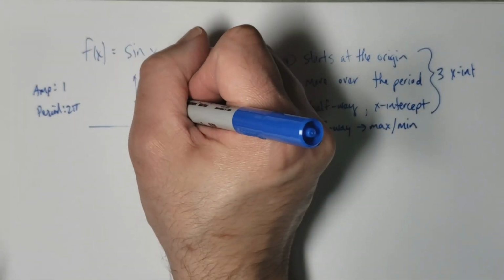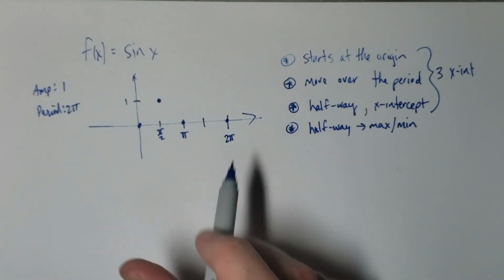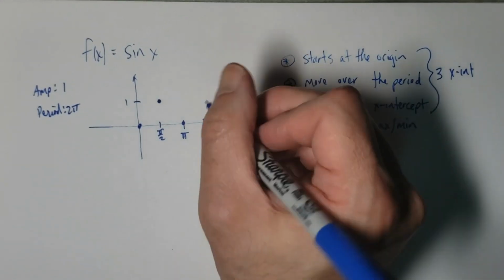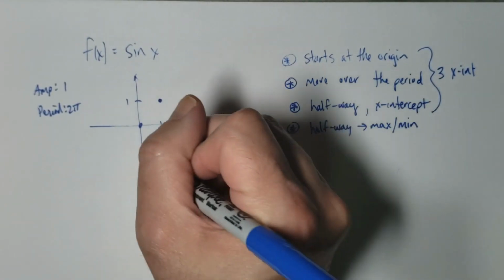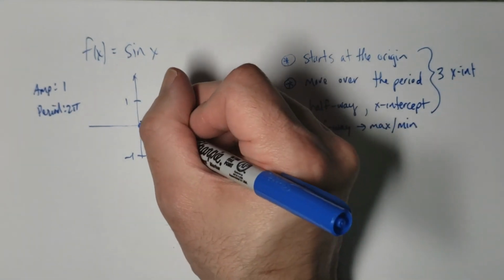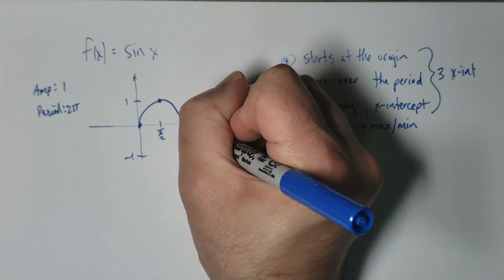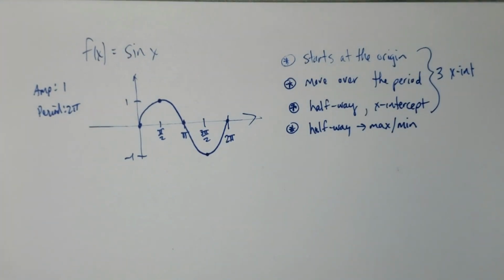So that means that this is going to go up to 1. That's my maximum. And then halfway in between here, that's at 3 pi over 2. I'm going to go down to my minimum. And then I'm going to draw the sine curve, the sinusoid. And that is one period of sine.